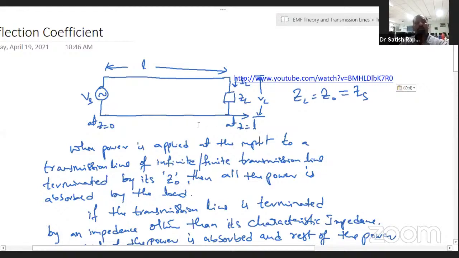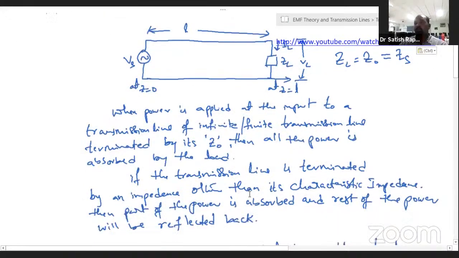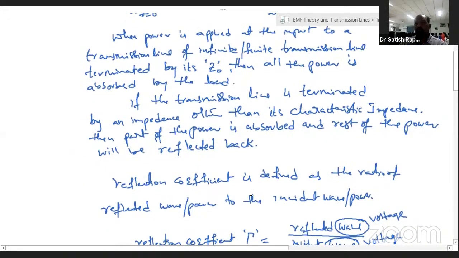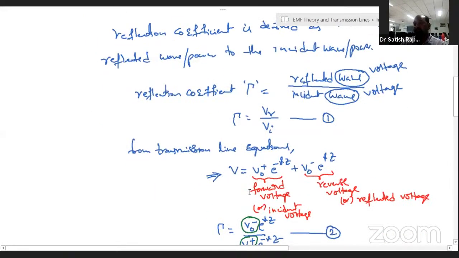Right. So let me start today's session. Let me recollect what I discussed in my last class. Reflection coefficient. So this is the derivation. Reflection coefficient is defined as the ratio between reflected voltage to the incident voltage, VR by VI.